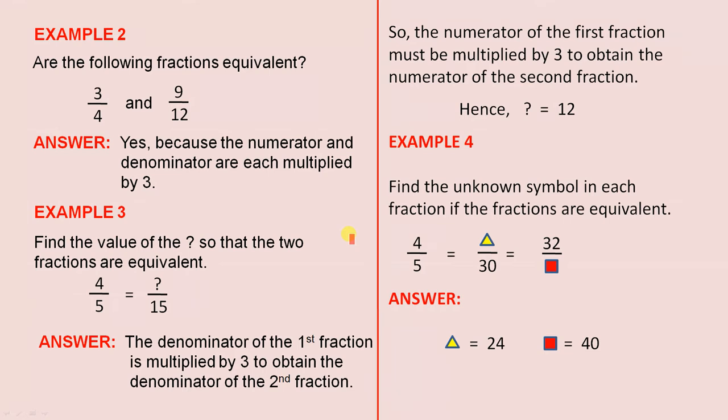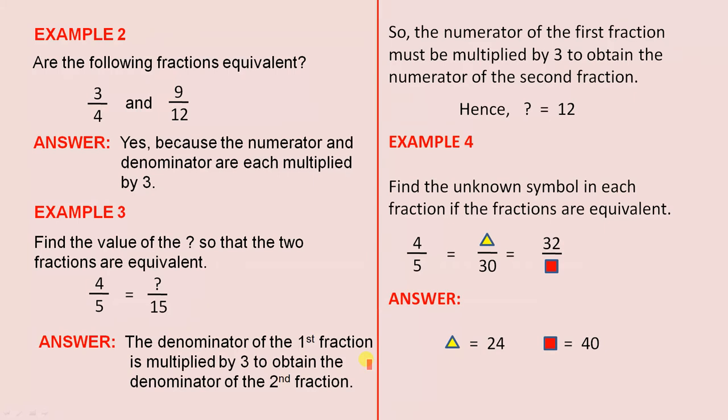Example 3. Find the value of the question mark so that the two fractions are equivalent. So we have 4 over 5 equals the question mark over 15. You can see here, this denominator has been multiplied by 3 to give you 15. 3 5s are 15. So in the answer we have this.